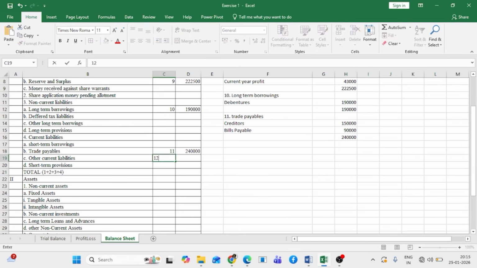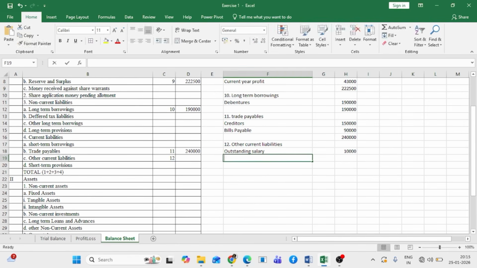So outstanding salary is your other current liabilities. The amount is 10,000. So I'm finding the total of this, 10,000, and I will write down here 10,000.